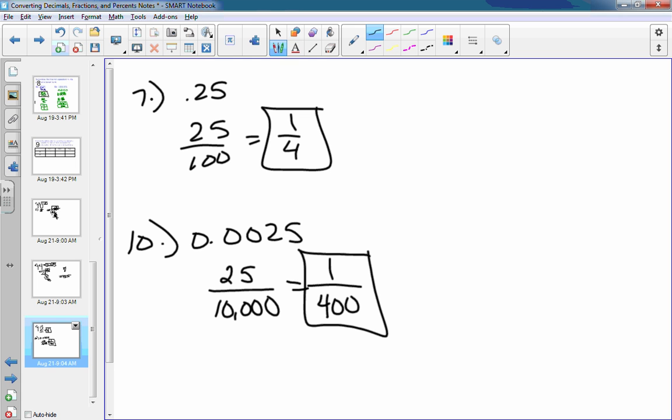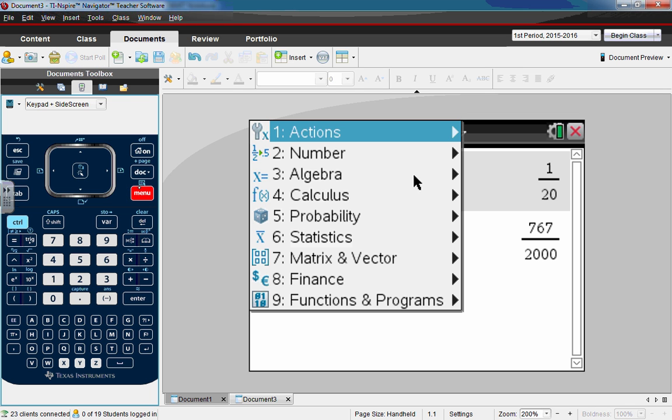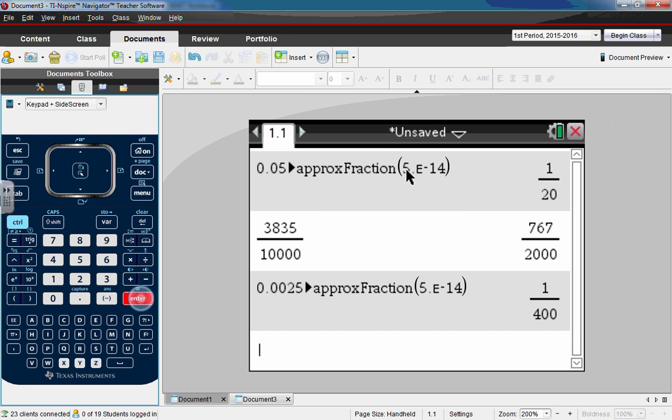Now, can you check this? Can you check that you did not screw this up with the place value? Because this is important, people. Go ahead and do 0.0025 and then hit menu, number, approximate to fraction, and hit enter. It should give you the correct answer. Do y'all understand me? Okay, move on to the next section.